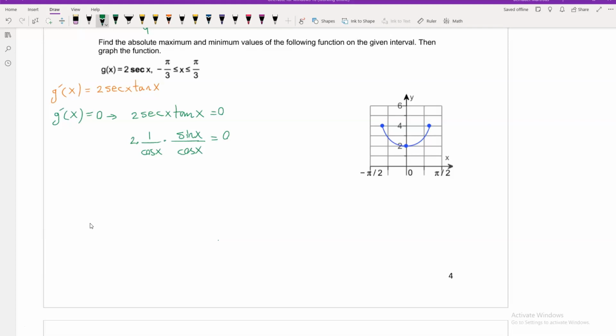We have 2 times 1 over cosine times sine over cosine equal to 0. Multiplying, on top we have 2 sine x, and the denominator is cosine times cosine, so that is cosine squared.